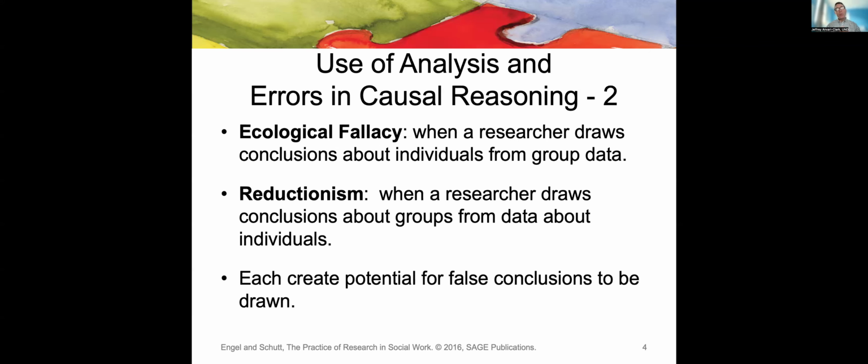As we engage in some of these conclusions, we may draw conclusions about individuals from group data. Perhaps you've read a study about a certain group, and then you make assumptions about individuals, such as: all African Americans like soul food.